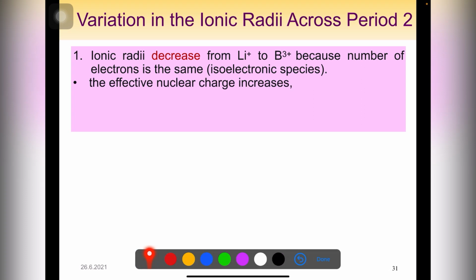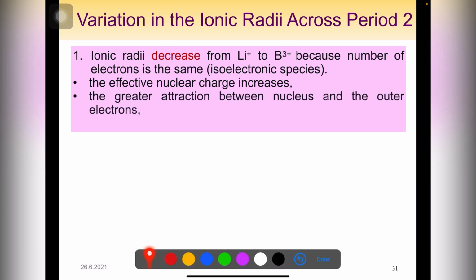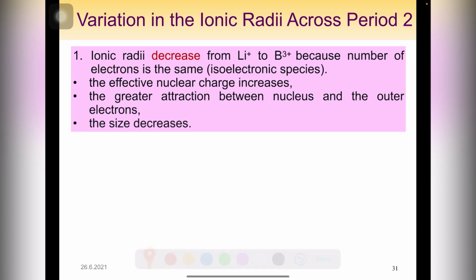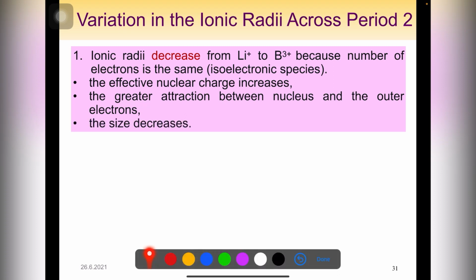What caused the ionic radii to decrease? The proton number increases, and it causes the effective nuclear charge to increase, so there is greater attraction between the nucleus and the outer electrons, and the size decreases.